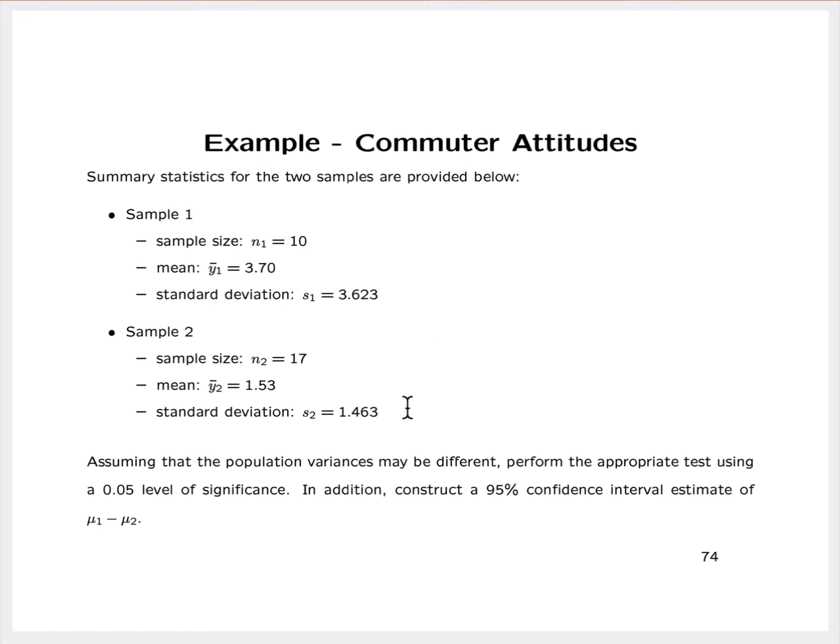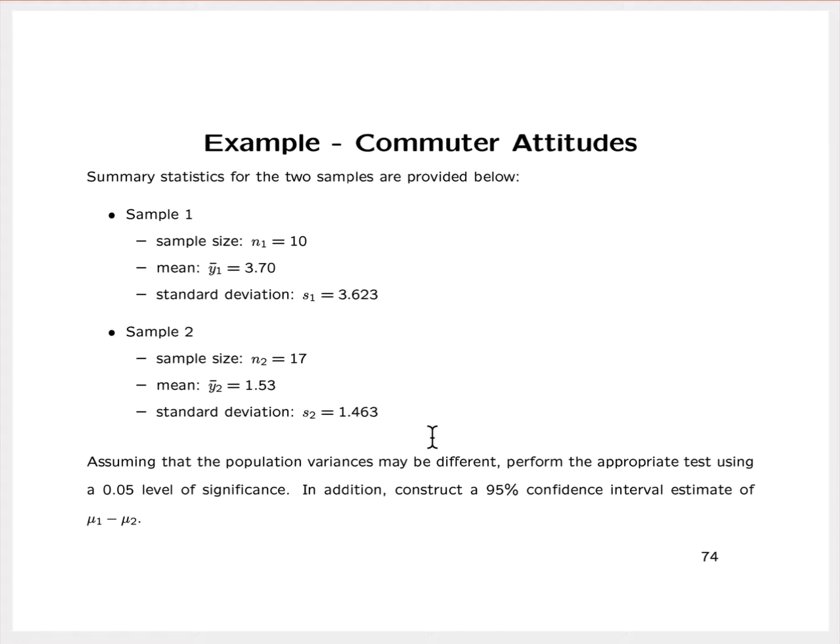What we could do is test the null hypothesis that the population variances are equal, and I would actually recommend that you do that. But for the sake of this example, we're going to assume that the population variances may in fact be different. We're not going to a priori assume that the population variances are equal. And so we're going to perform a comparison of the population mean commuter scores for the two populations using the approach that we're looking at in this section.